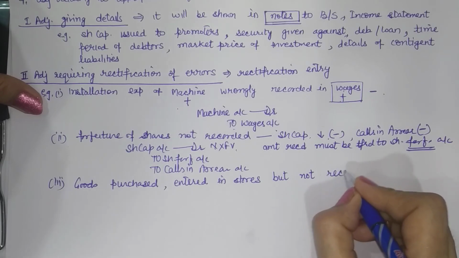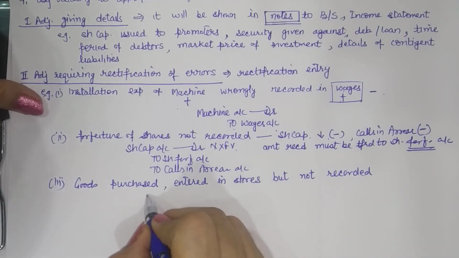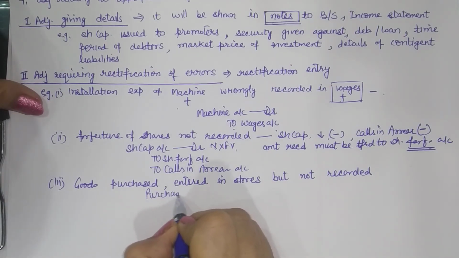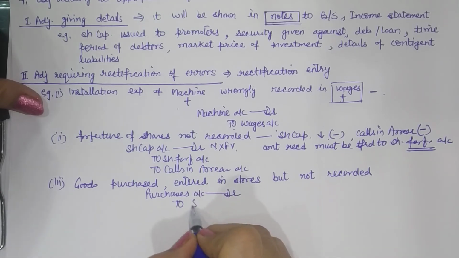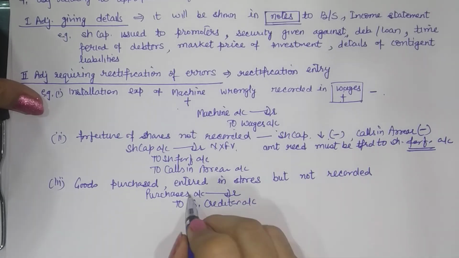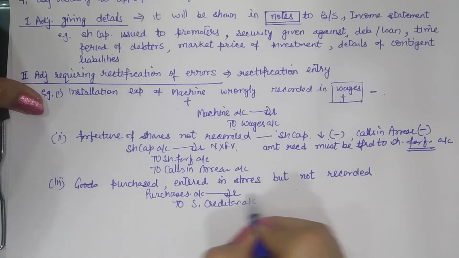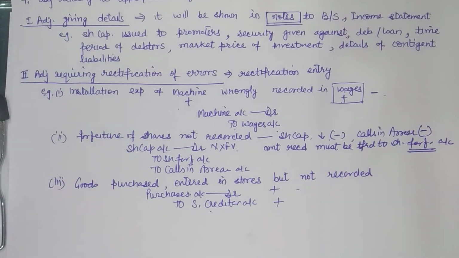You did not record it, right? So how do you record the purchase? If it is a credit purchase, your entry is purchases account debit, so in case of omission, the entry is quite simple, to sundry creditors account, right? So purchases will increase, and so will your creditors. So omission implies a simple entry is to be recorded.